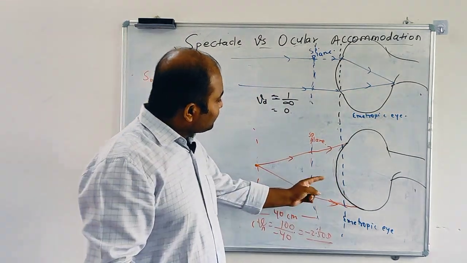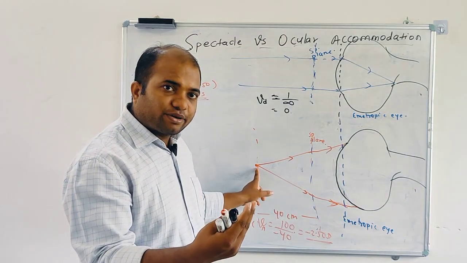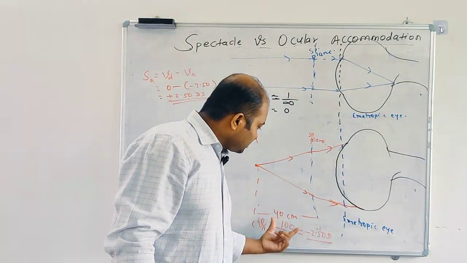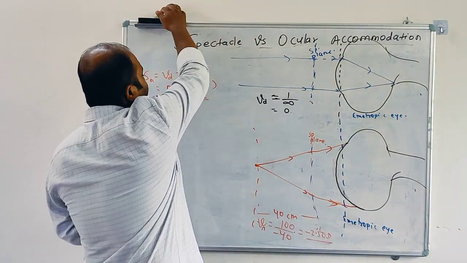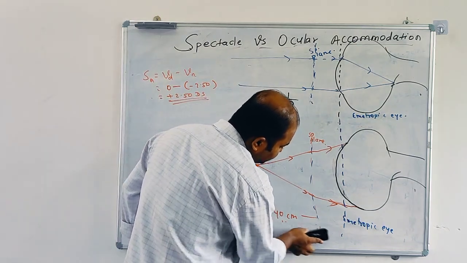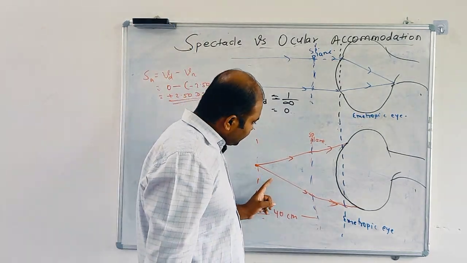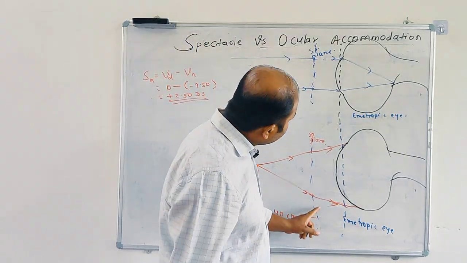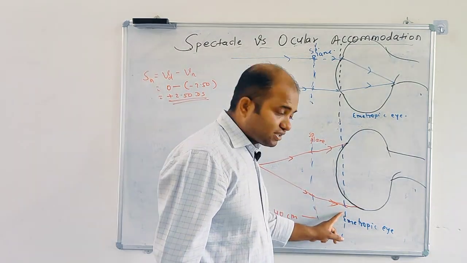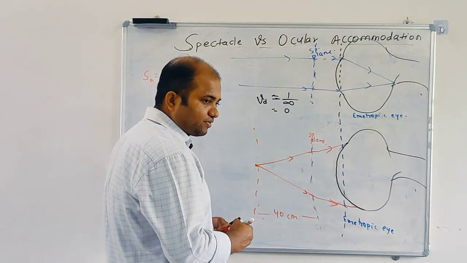Now when this emmetropic eye is focused for near, when you are reading or using a phone, focused at 40 centimeter, we are going to see what the change in vergence is. See here, we know the distance from here to here is 40 centimeter, and the distance up to the principal plane is 1.5 centimeter.